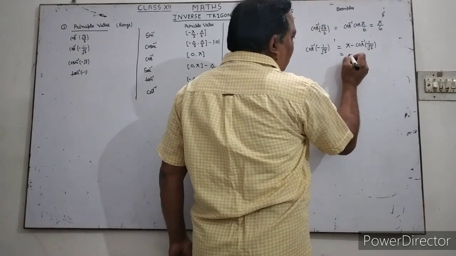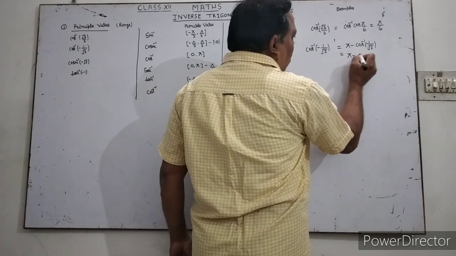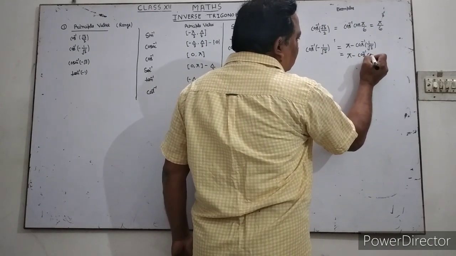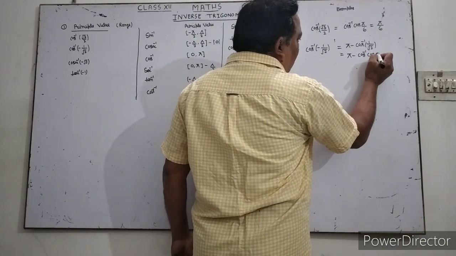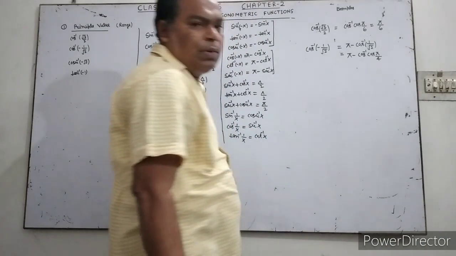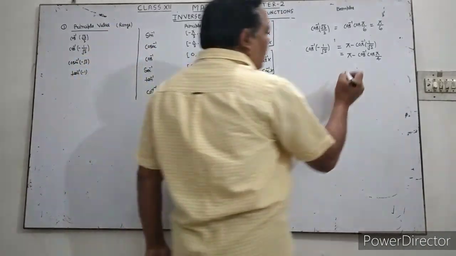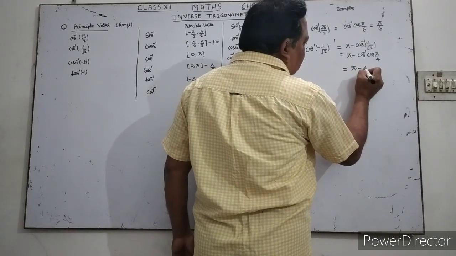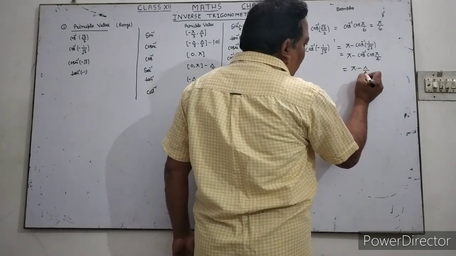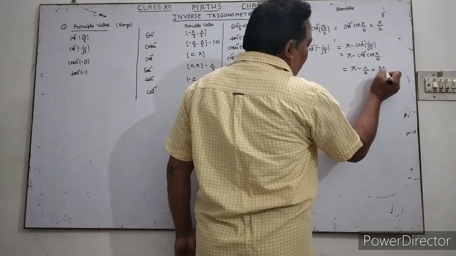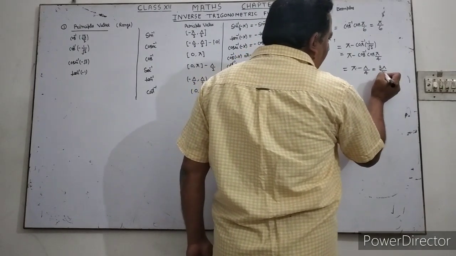Then cos inverse 1 by root 2 means cos pi by 4. So this is pi minus pi by 4, and this is 3 pi by 4.